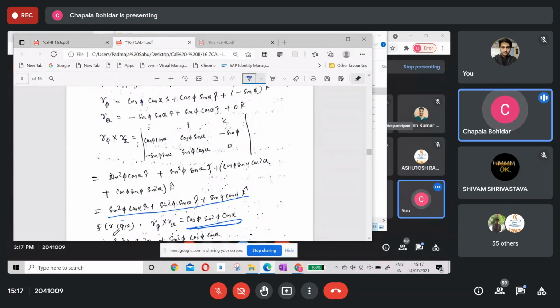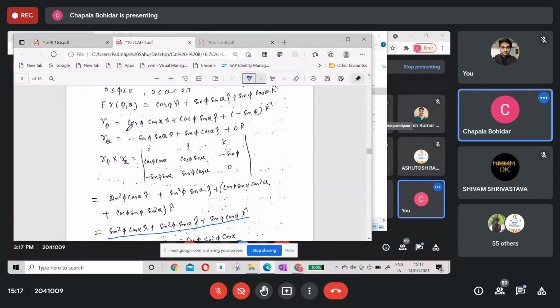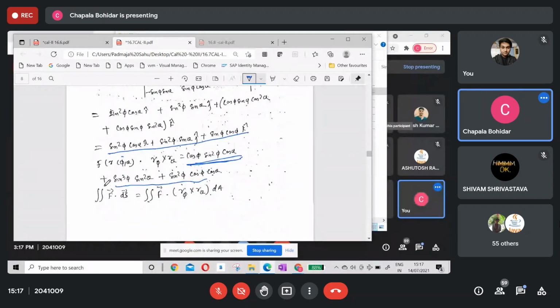Then F of r(theta, phi) dot r_phi cross r_theta, F of r is here, dot r_theta cross r_phi. Here we will get this value. Then I substitute that value. Theta lies from 0 to 2 pi and phi lies from 0 to pi, so I'll integrate, and I got the value.